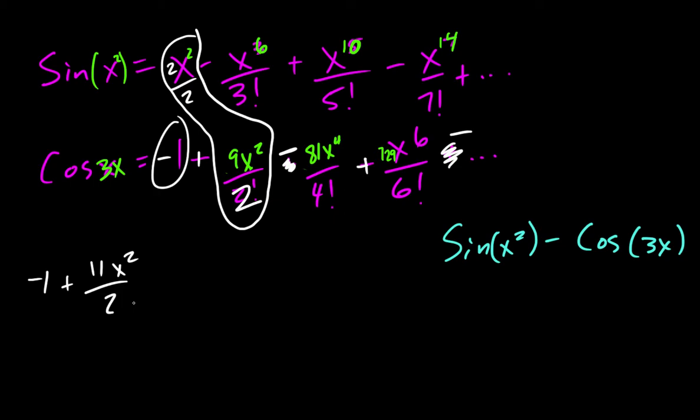Now, let's see, x to the 4th, we're going to get 4 factorial is 4, 3, 2, 1, and 81 can be seen as 3 to the 4th.